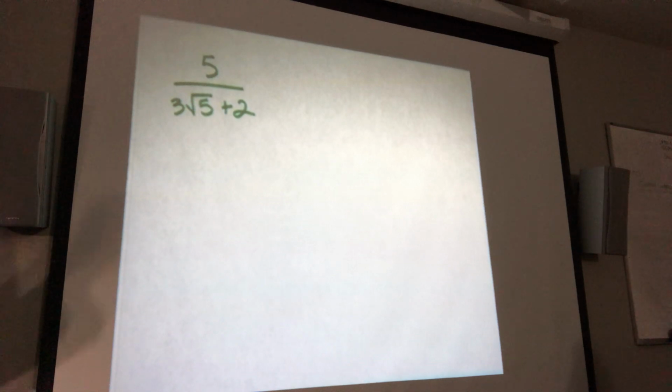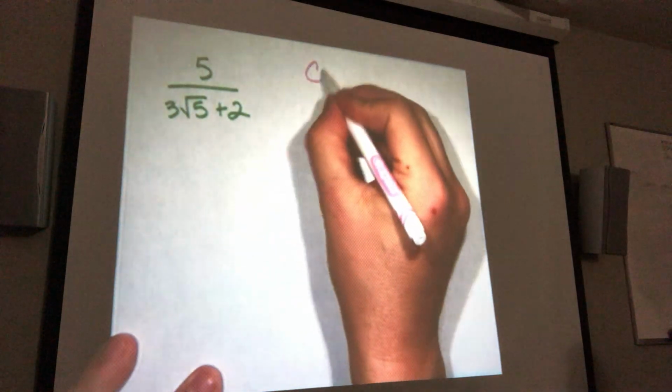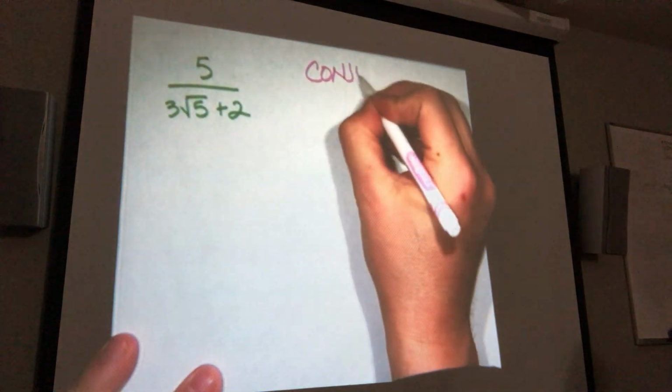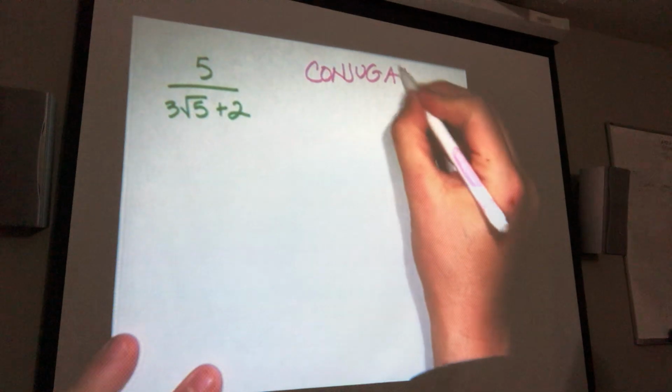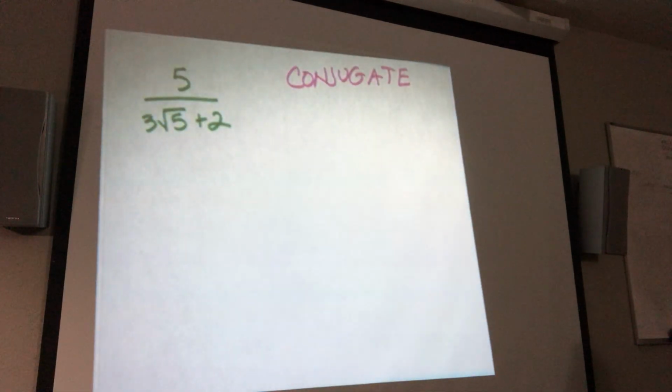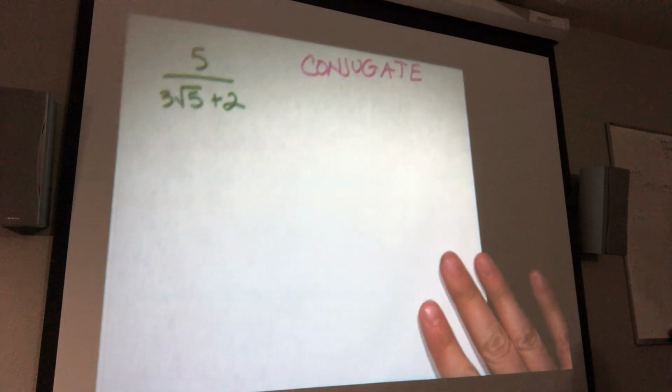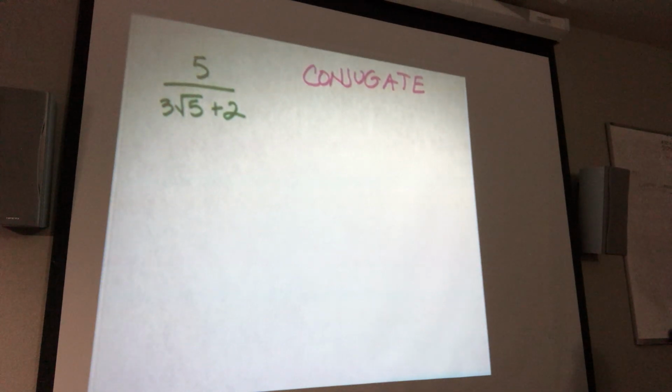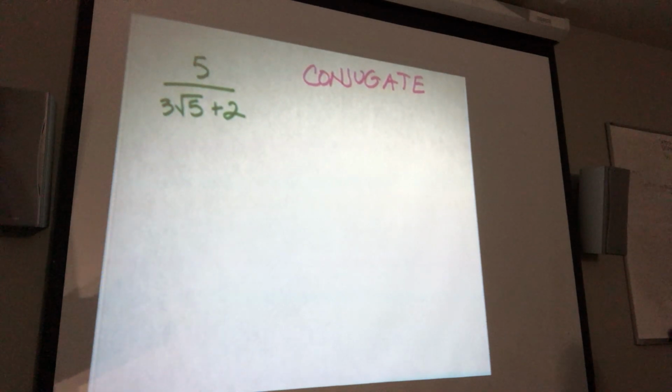So what do I multiply by? Well, I'm so glad you asked, no one. The thing you multiply by is called the conjugate. Conjugate is what I multiply by. Okay. Here's how the conjugate works. To do the conjugate, you multiply the denominator by itself.